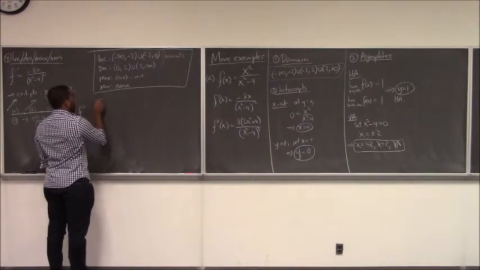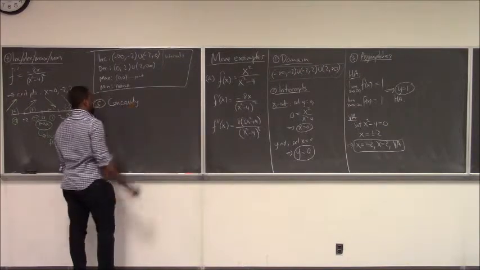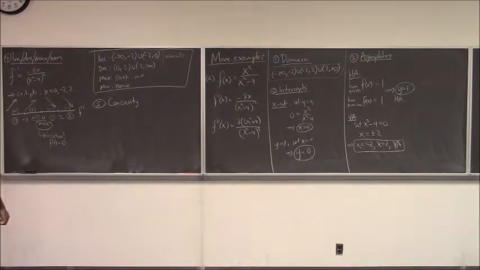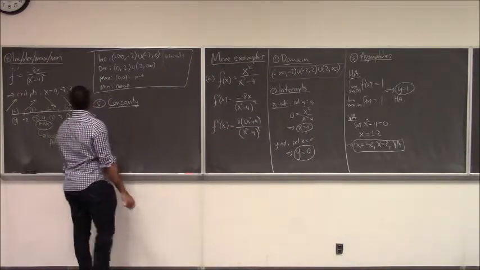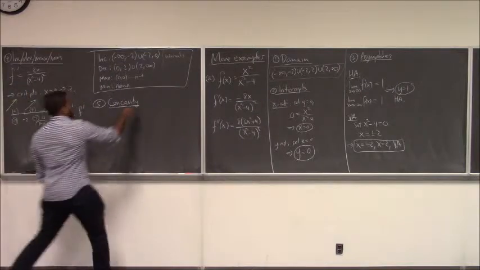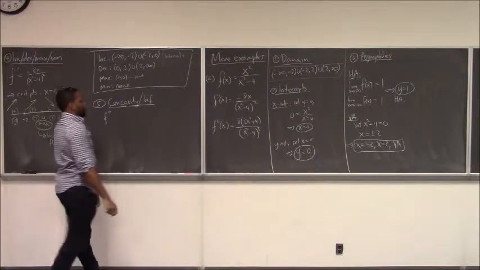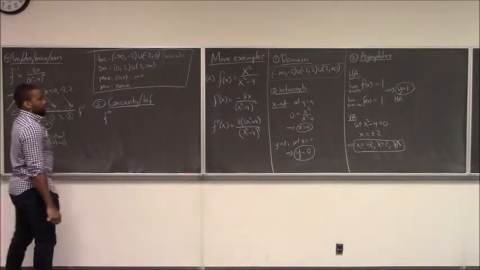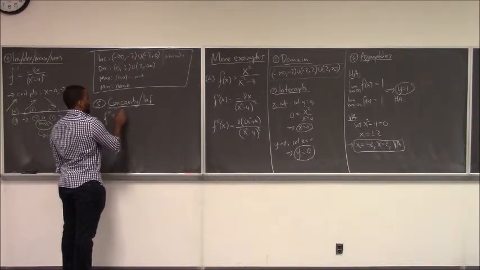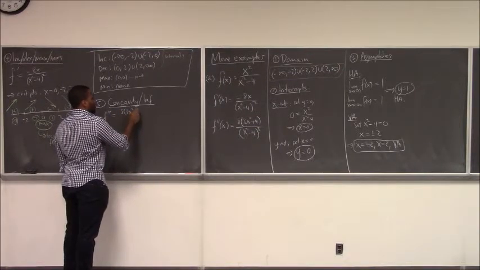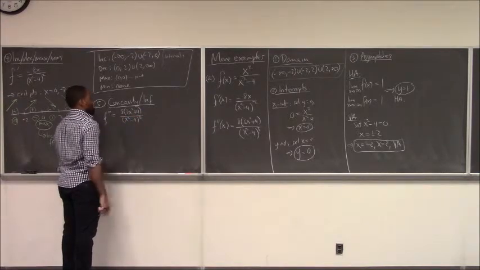Then you move on to the fifth set of things you want to talk about, concavity. And of course, inflections. Either way, you should be looking at the second derivative. So the second derivative is 8 times 3x squared plus 4 over x squared minus 4 cubed.